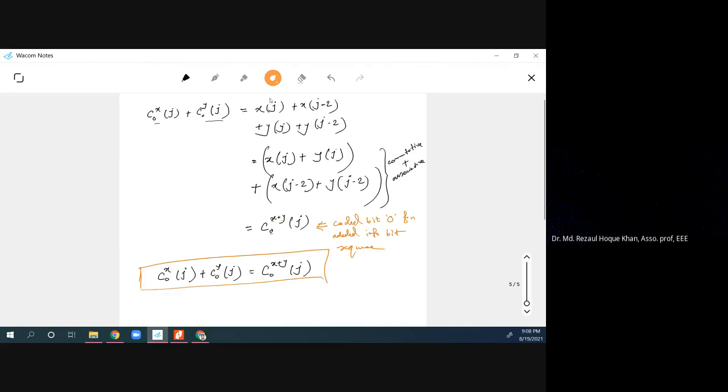What it is trying to say is that code followed by addition is the same as addition of the information bit sequence followed by code.